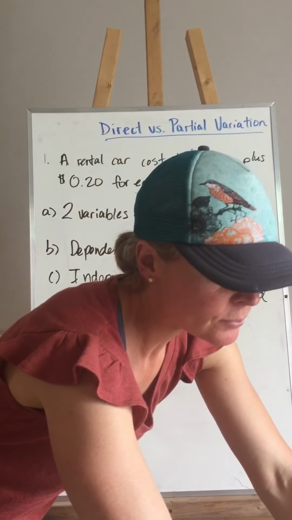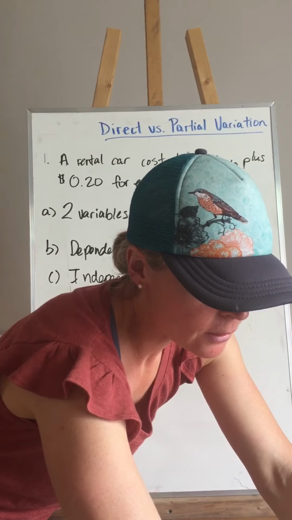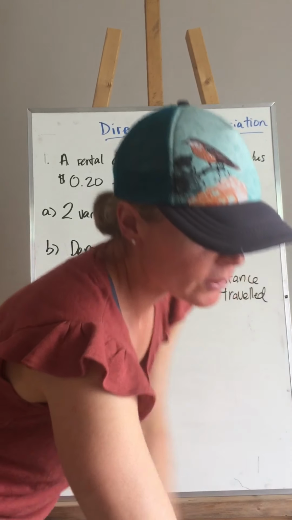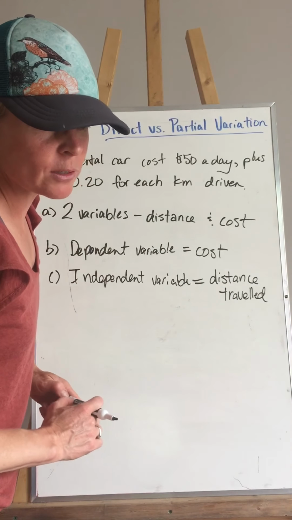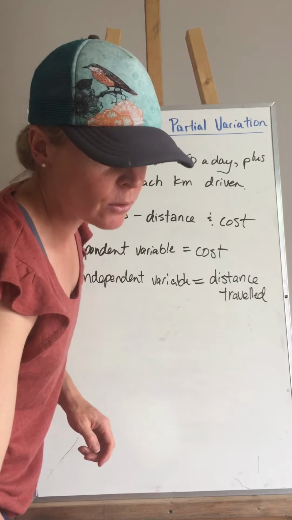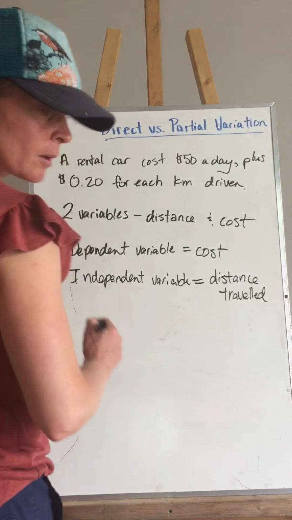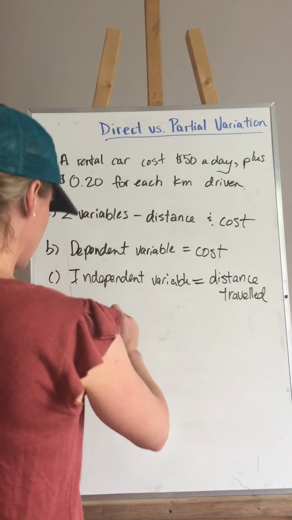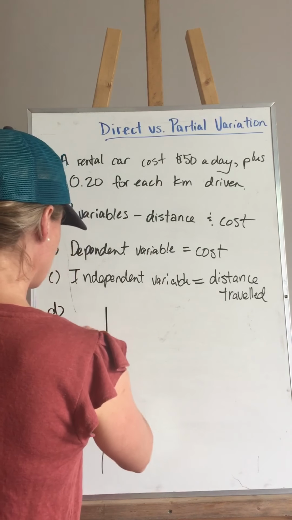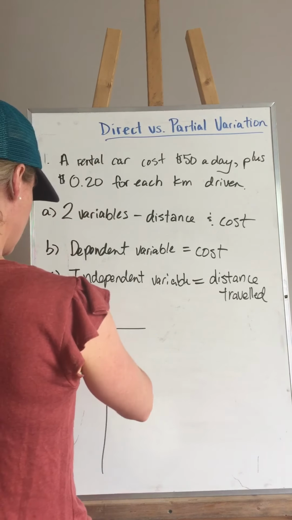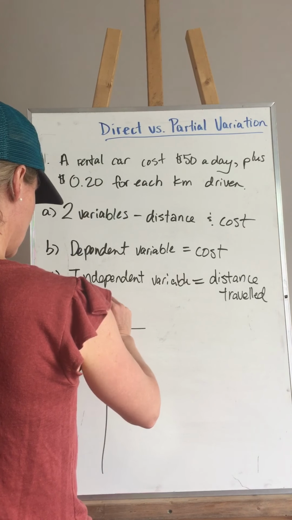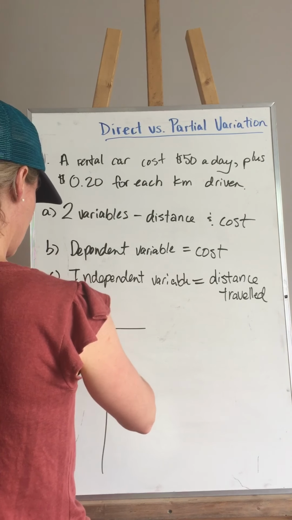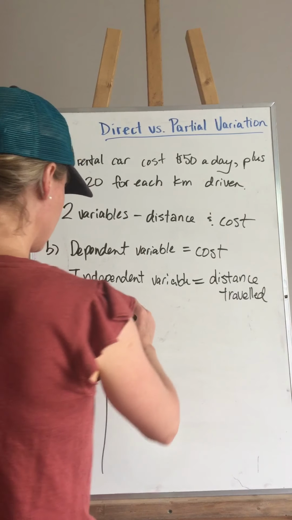Okay, so the next part asks you to fill in the table for a rental fee up to 1,000 kilometers. So we'll make our table. They've started the table off for you, and this is number of kilometers, and this is the cost.